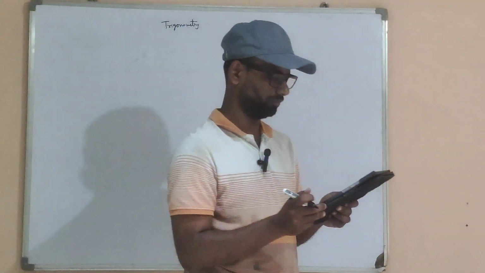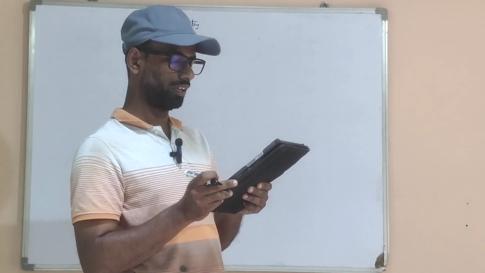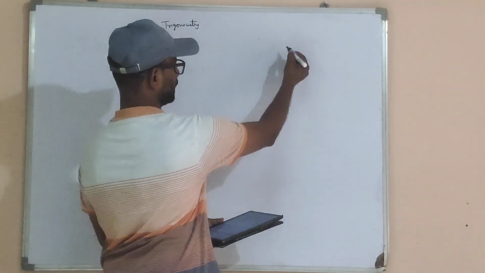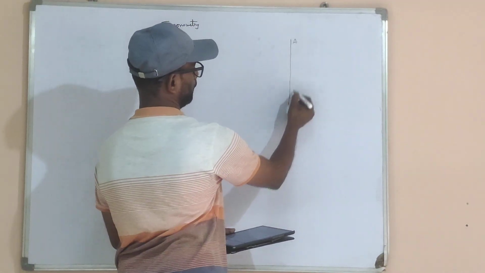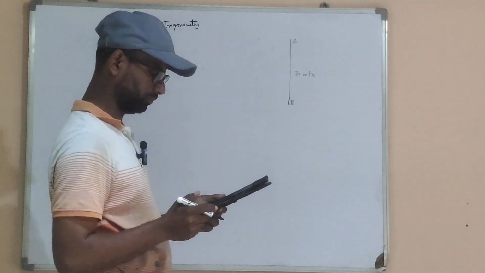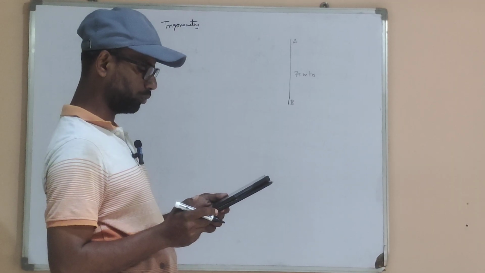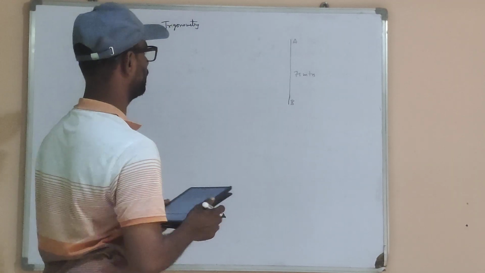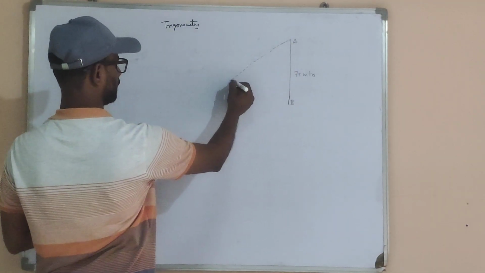As observed from the top of a 75-meter high lighthouse AB, it is a lighthouse. From the sea level, the angle of depression of two ships are 30 and 45 degrees.